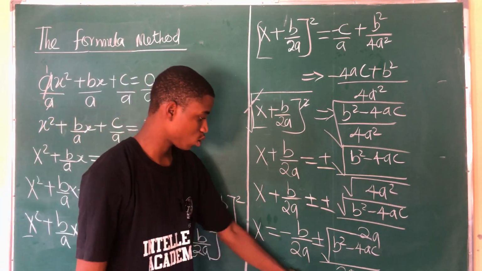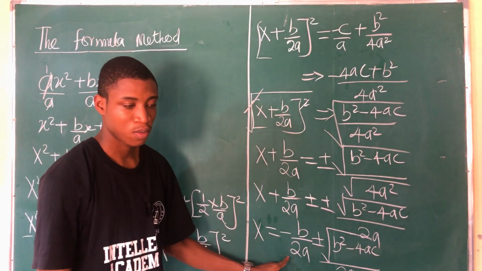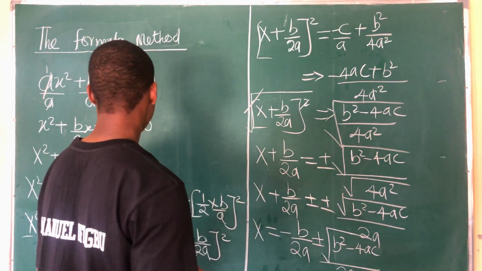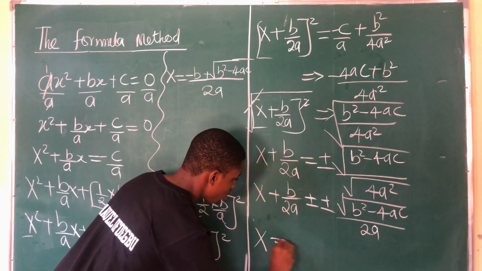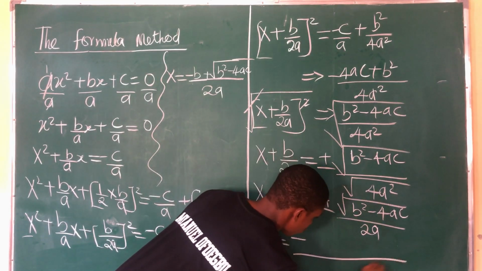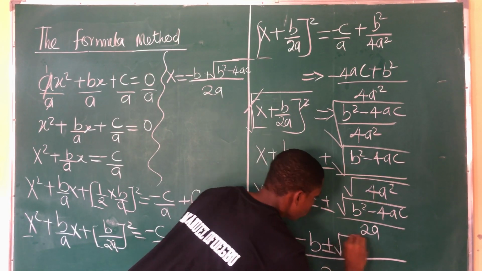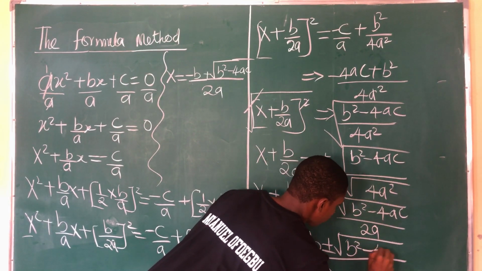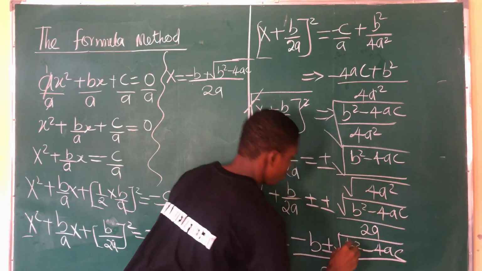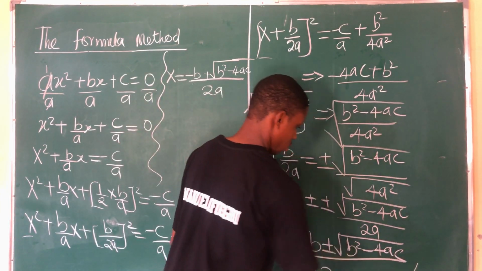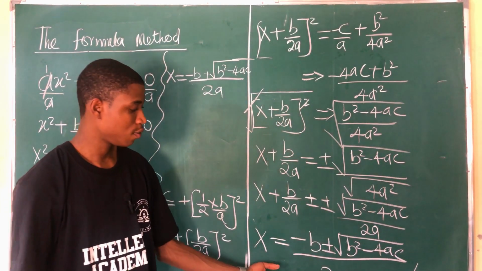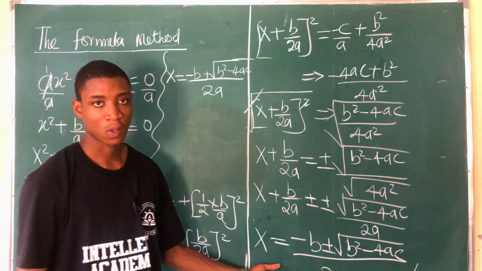We can see that these two have the same LCM. So let's wipe this off. So we have an equation as x is equal to negative b plus minus square root of b squared minus 4ac, all over 2a. So therefore, this is our formula method for quadratic equation.